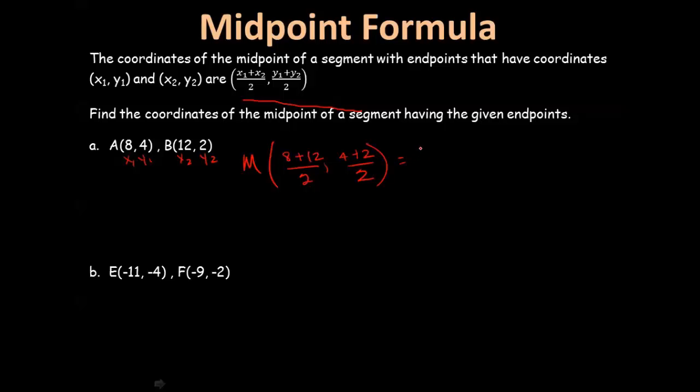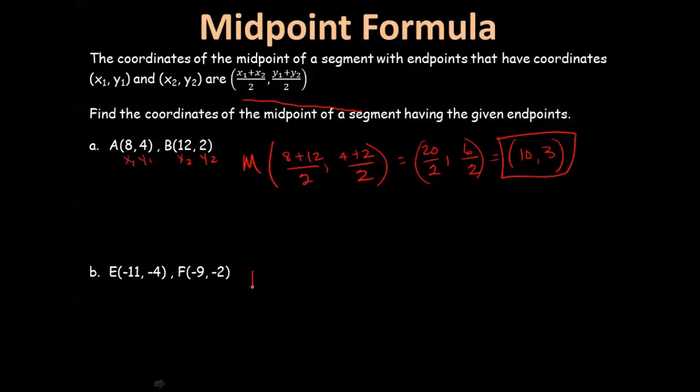So that's going to be 20 divided by 2, 6 divided by 2. 20 divided by 2 is 10, and all I'm doing is simplifying them now. So right there is my midpoint.